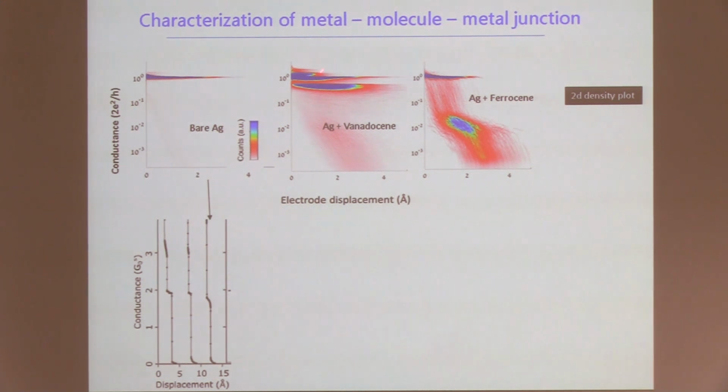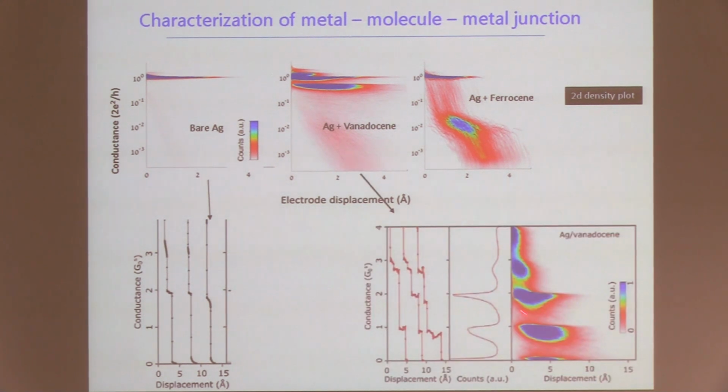Then when you see the vanadocene junction, vanadocene meaning with finite spin, we find, very nicely and surprisingly, a plateau appearing around 0.5 G0. That is 0.5 into 2e²/h, or 1 e²/h. In a zoomed image on a linear scale, you can see the silver 1 G0 plateau, and below it there is a plateau at 0.5 into 2e²/h. So it is almost one spin conductance, one conductance channel.